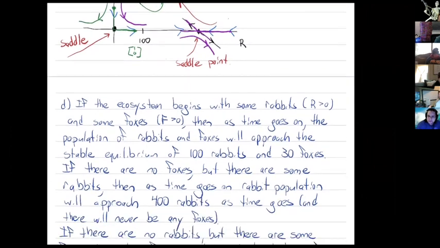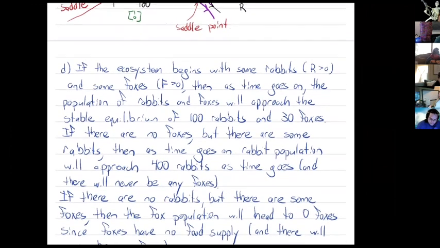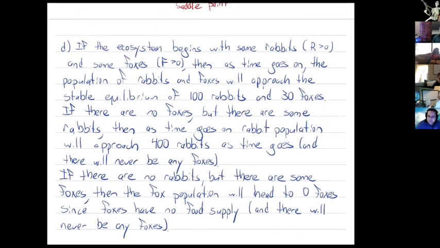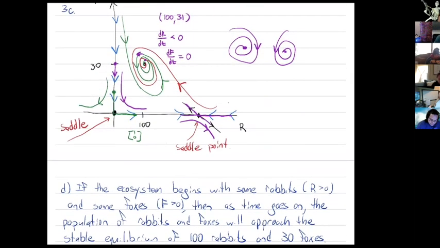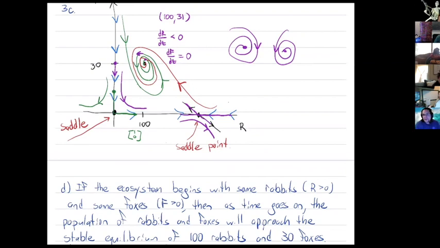And then I just put together a little description of what's happening based on that picture. So basically, unless we're in one of these really special situations where we start with no rabbits or no foxes, we're going to head to 100, 30.